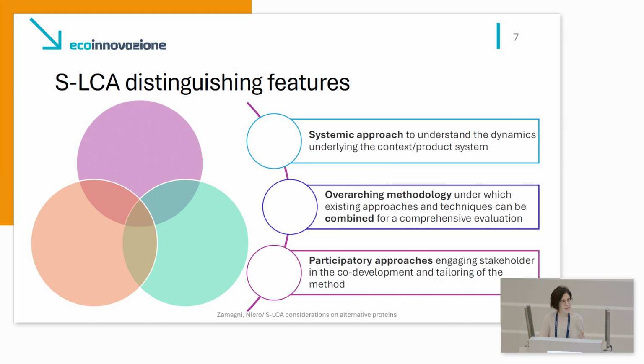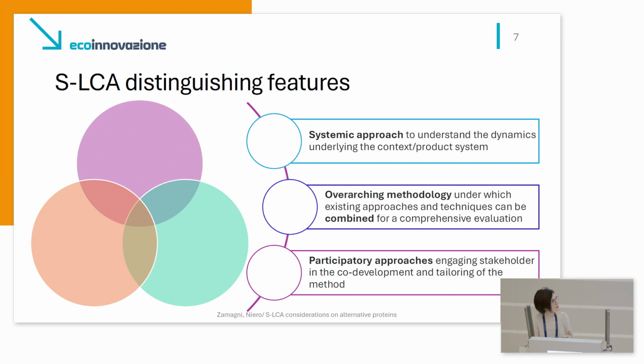And this is extremely important because we don't focus only on the end part of a system, which might be the one related to the consumer, for example, but we look also at the production side, at the supply chain, at the processing side. And I think it's important to stress that the way in which we produce something matters a lot for avoiding regrettable substitution. So it's something that can't be neglected.